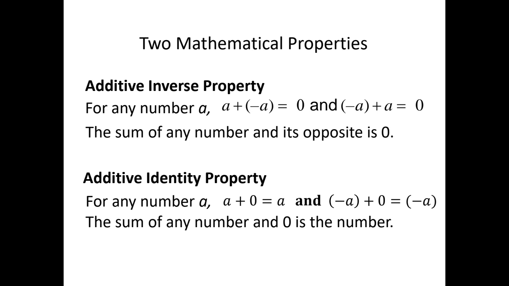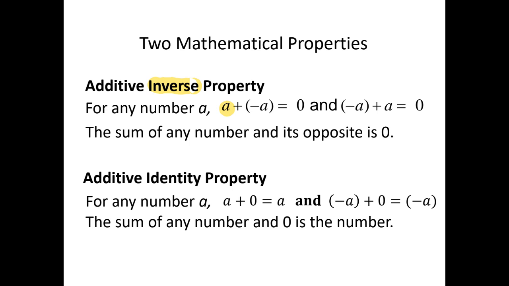Now, there are 2 properties that we are going to be talking about. This is known as the additive inverse property. The inverse property takes a number and its opposite.